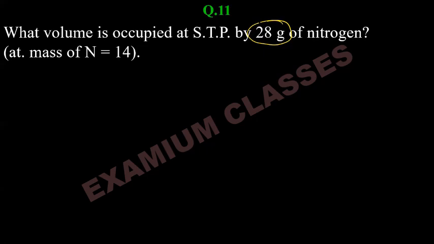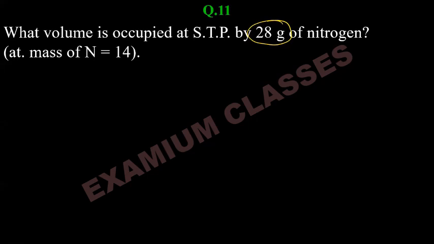In the first or second question, I said that sometimes you will have to deduce from the question whether it is talking about atoms or whether it is talking about molecules. So tell me whether nitrogen exists as an atom or as a molecule. Molecules. Diatomic molecule.